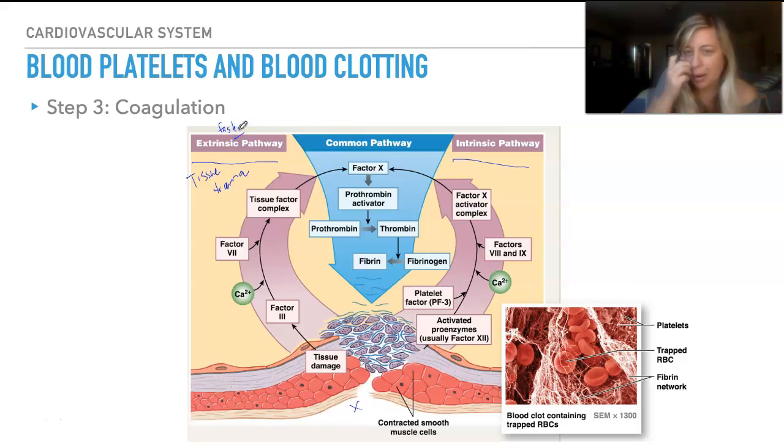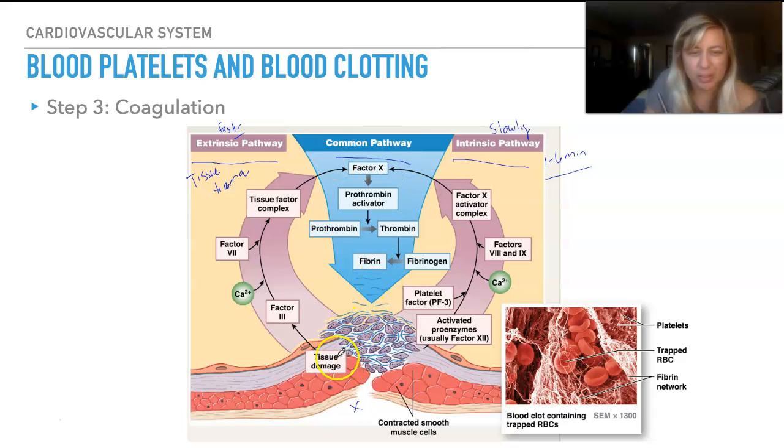And then there are chemicals that are released intrinsically from the cells involved here, and this is going to trigger the intrinsic pathway, which is going to respond more slowly. So this is going to take typically somewhere between 1 to 6 minutes for the blood to begin to clot. But these two pathways work together and act on the common pathway.